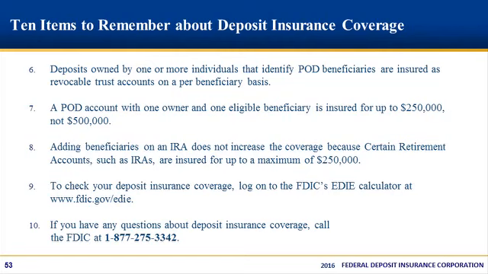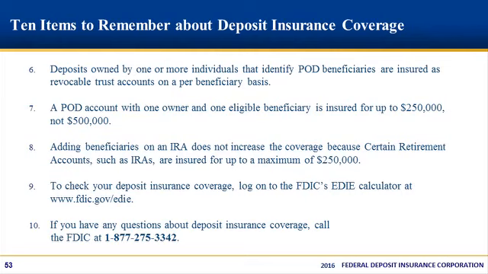Number 7, a payable and death account with one owner and one eligible beneficiary is insured for up to $250,000, not $500,000. Number 8, adding beneficiaries on an IRA does not increase the coverage because certain retirement accounts, such as IRAs, are insured for up to a maximum of $250,000.